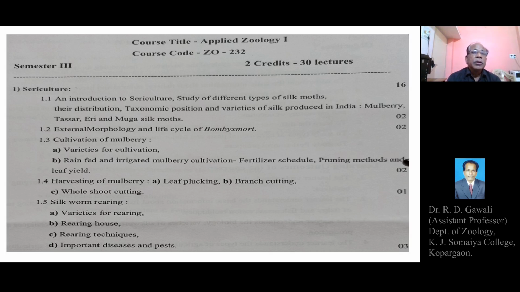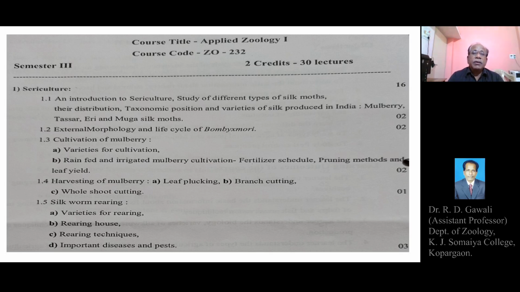In subtopic 1.5, silkworm rearing, the caterpillars or larvae or silkworms of the silk moth Bombyx mori are cultured or grown in the rearing house. Silkworm rearing is the second important step, the culturing of silkworm larvae in the rearing house.